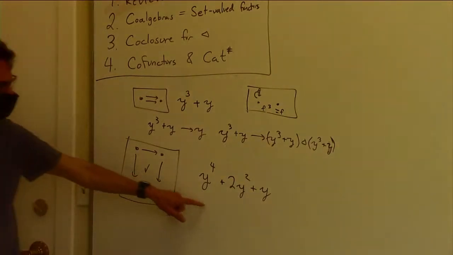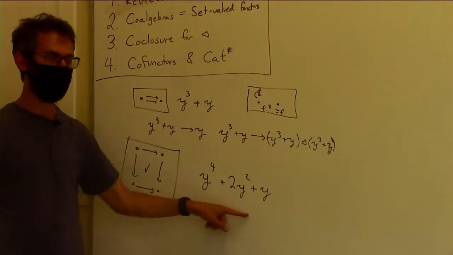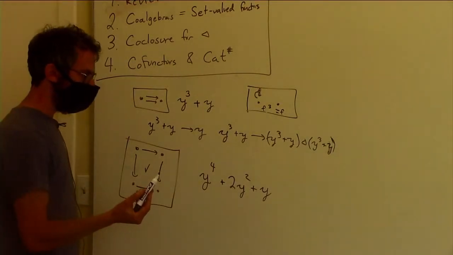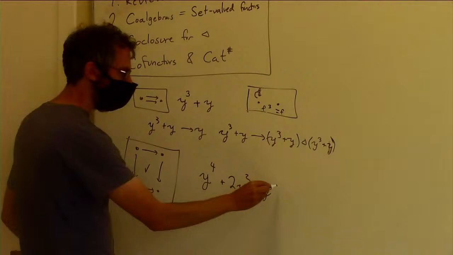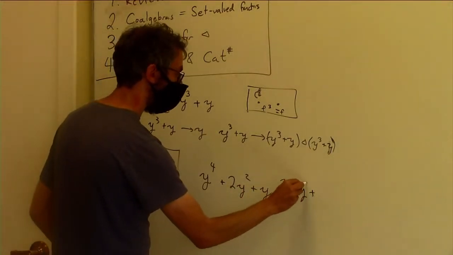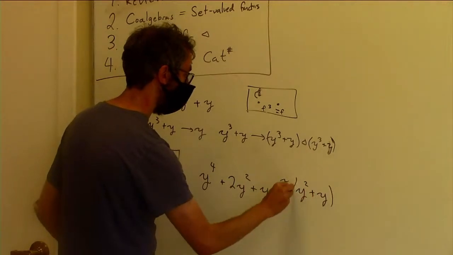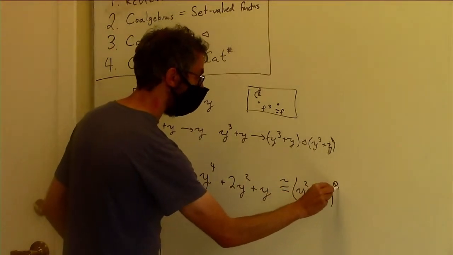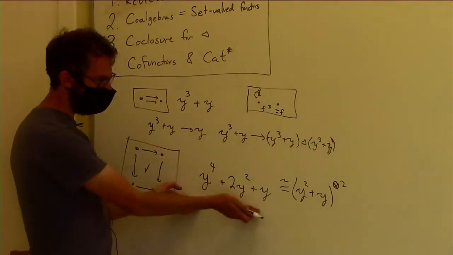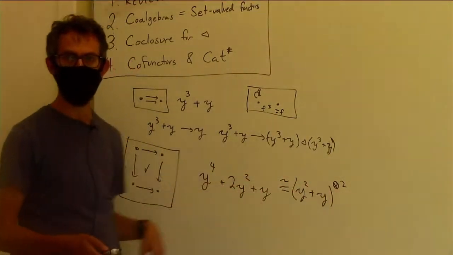And somehow, if you look at this, it almost looks familiar, like from algebra class in middle school or high school. But why does it look familiar? Well, it's actually y squared plus y, tensor itself. It almost looks like something squared, but it's a tensor square.